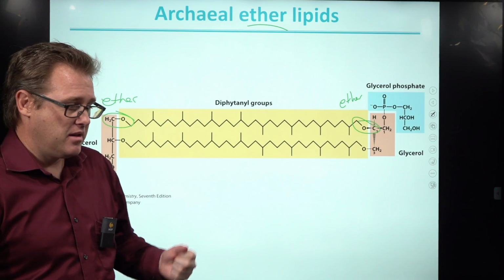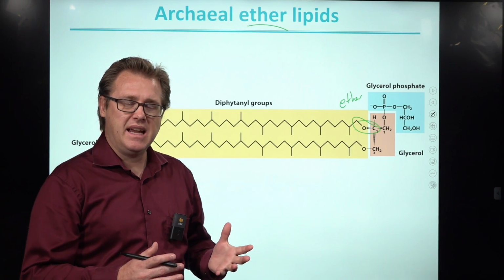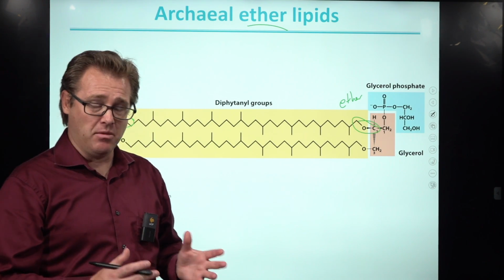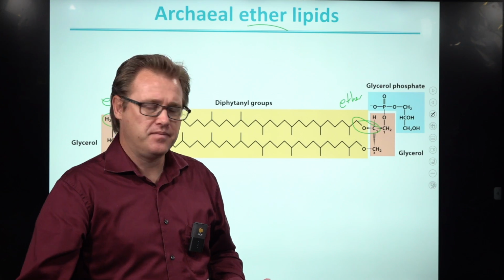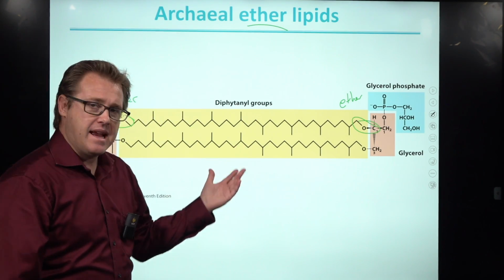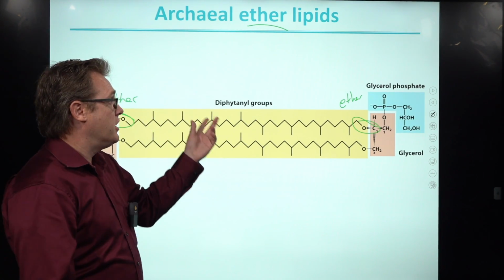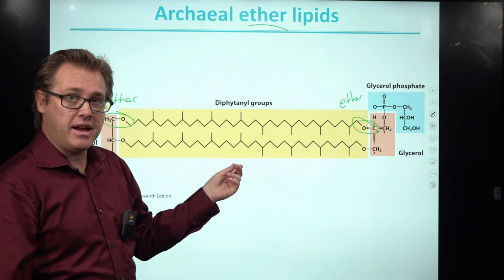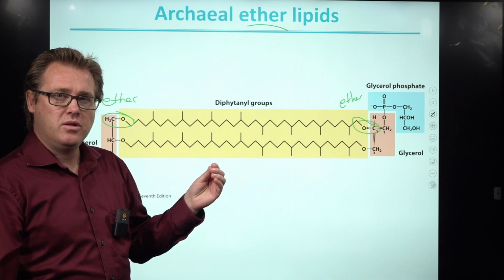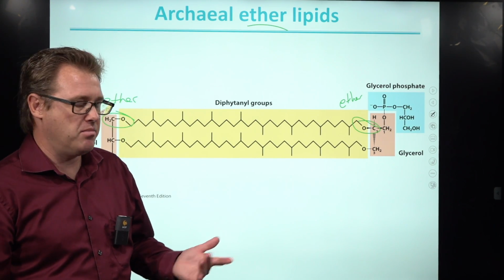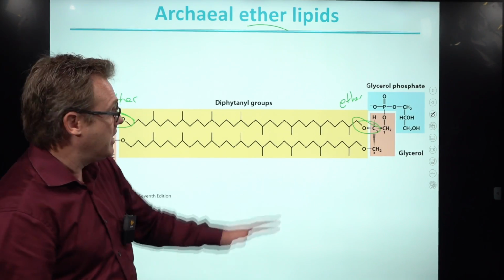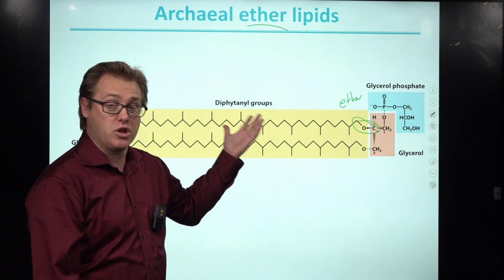And so these cells need to have a very strong cell membrane to live in such a drastic environment. So if you compare, let's say, a phospholipid to these ether lipids right here, which one's going to be a stronger lipid? Which one's going to be able to handle these extreme conditions? Clearly this one, because I just told you that.